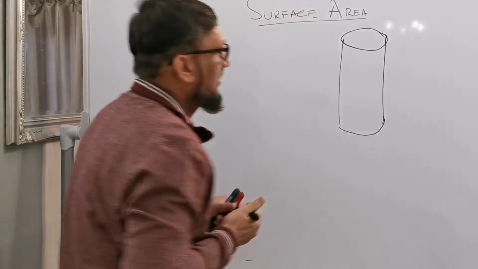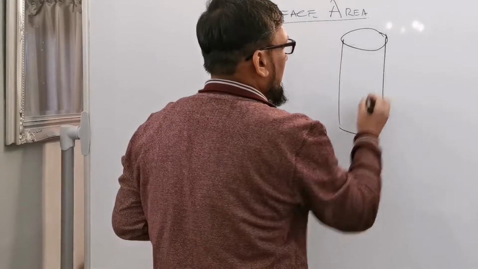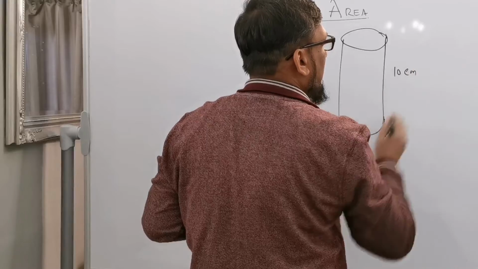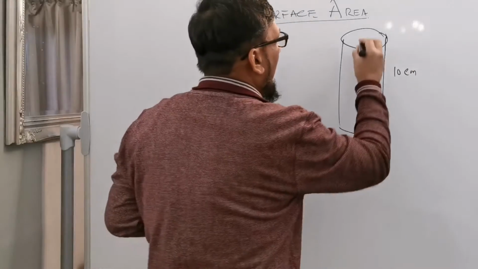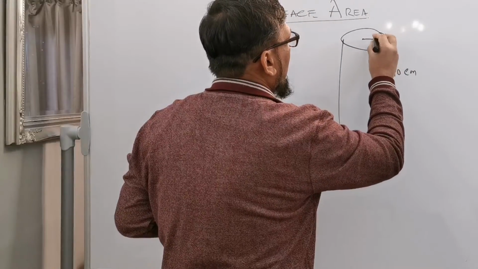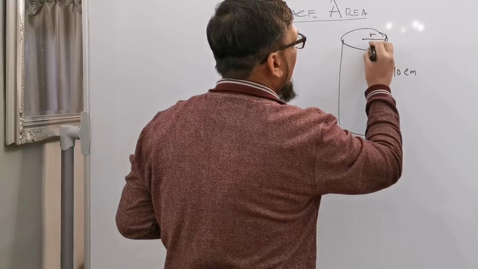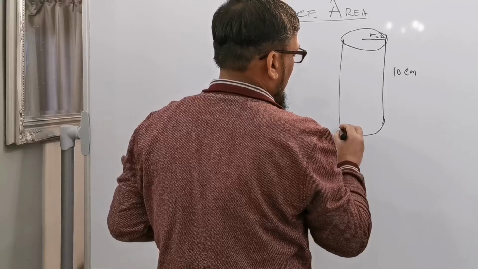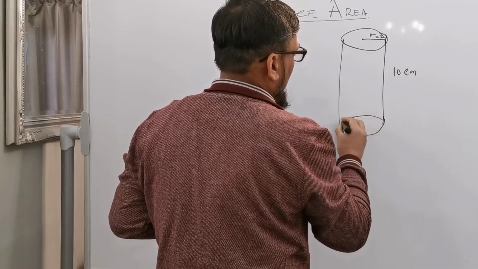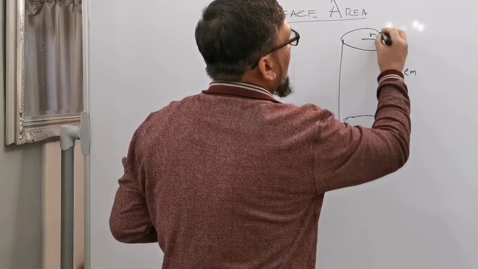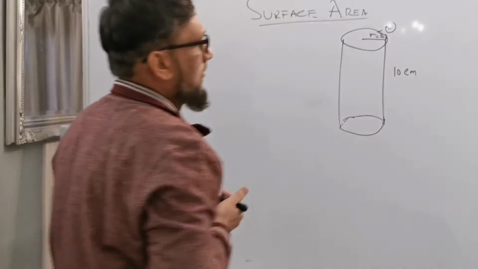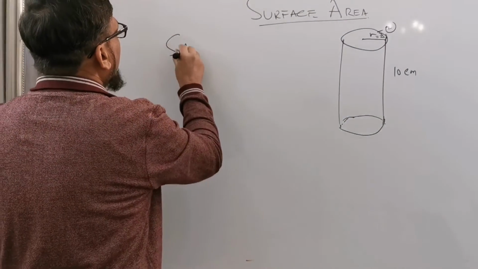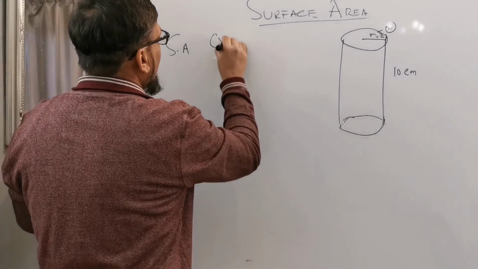This is a cylinder, and the height for this cylinder, I would say, is 10 centimeter. And this is the radius, r, which is equal to 2. We need to find the surface area of cylinder.